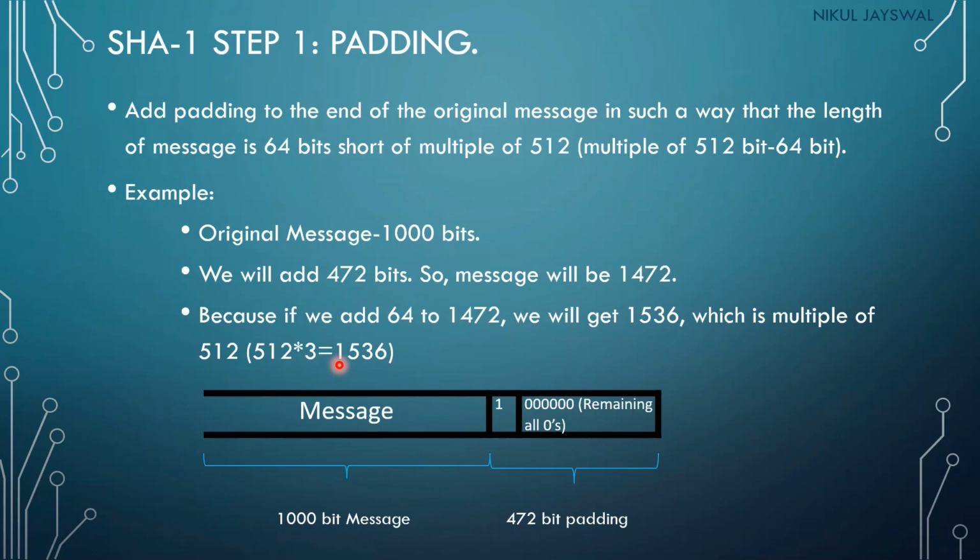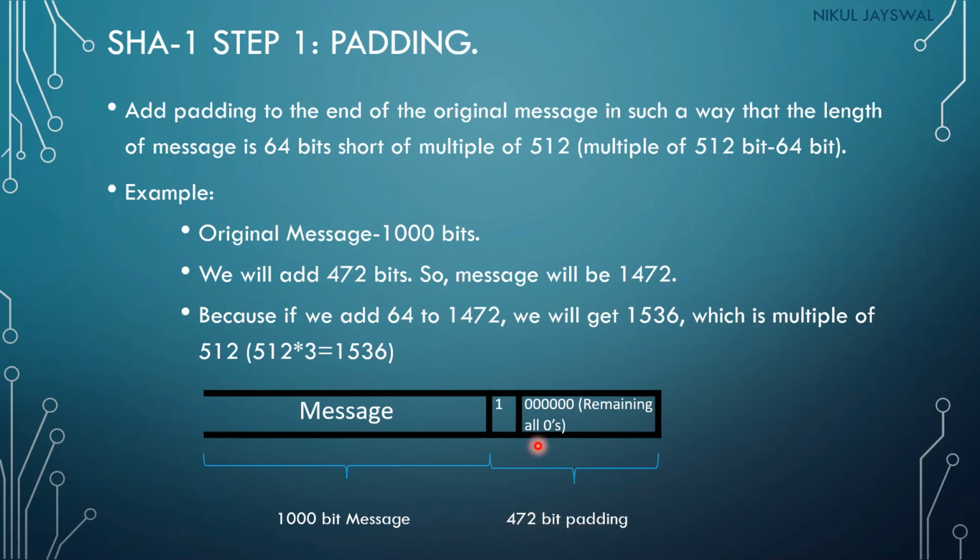Clear? So how will the padding be done? We will take the message and add the fake bits in such a way that the size of the message with the padding will be 64 bits short of a multiple of 512 bits. Let's suppose our original message is 1000 bits, we will add 472 bits, so the message will be 1472 bits. This is our actual message of 1000 bits, and we will add the padding of 472 bits.